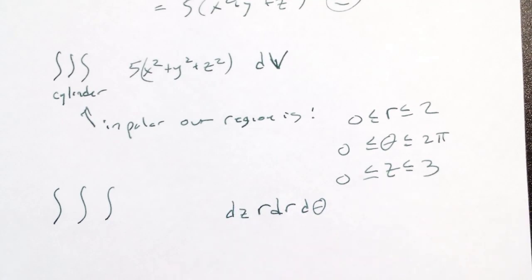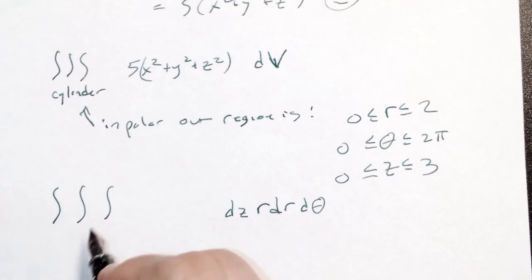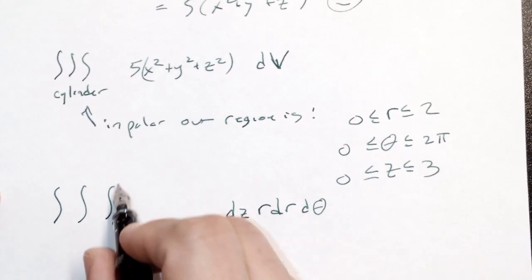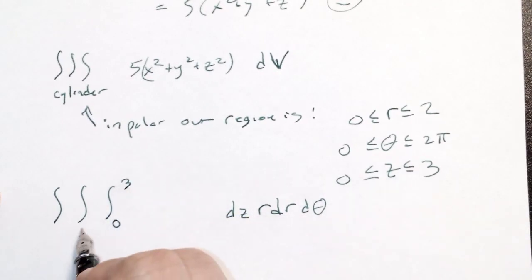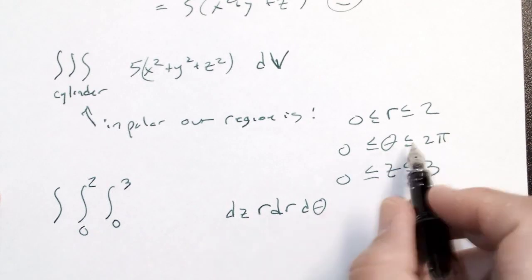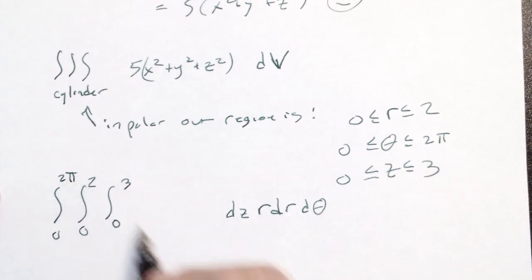You can put it in any order you want because they're numbers, right? I put the z first, you don't have to. You can put the r first, it doesn't matter. But if I put the z first, then this goes from 0 to 3, r goes from 0 to 2, and theta goes from 0 to 2 pi. What goes in here as my integrand?